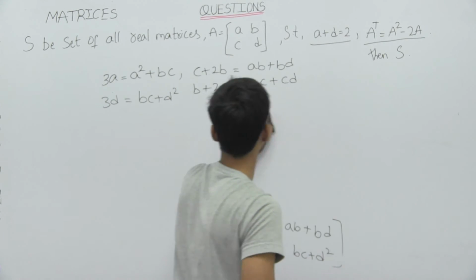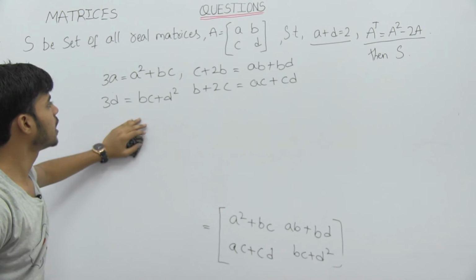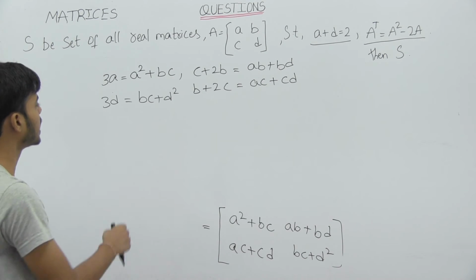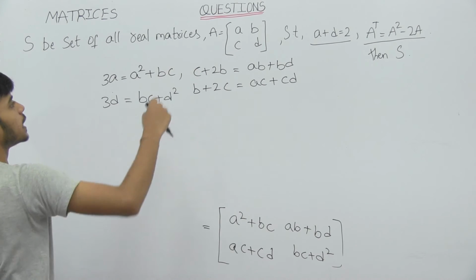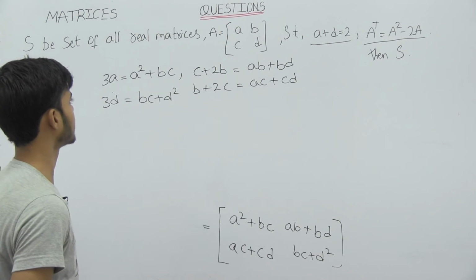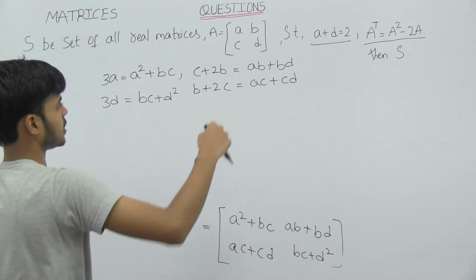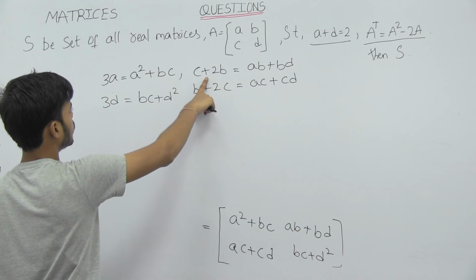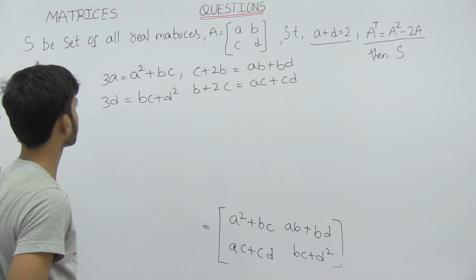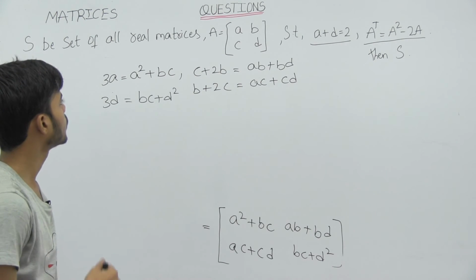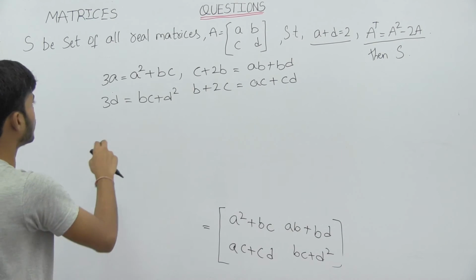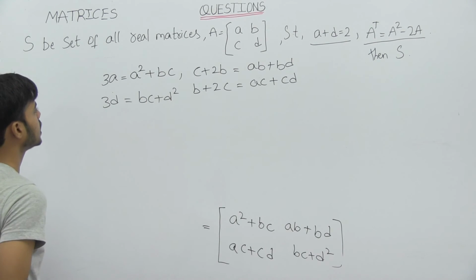Now we have 4 equations, and if we simplify this, we get values of a, b, c, d. Then we can write the number of matrices which can exist following the conditions. So let's proceed. We have bc and bc over here.